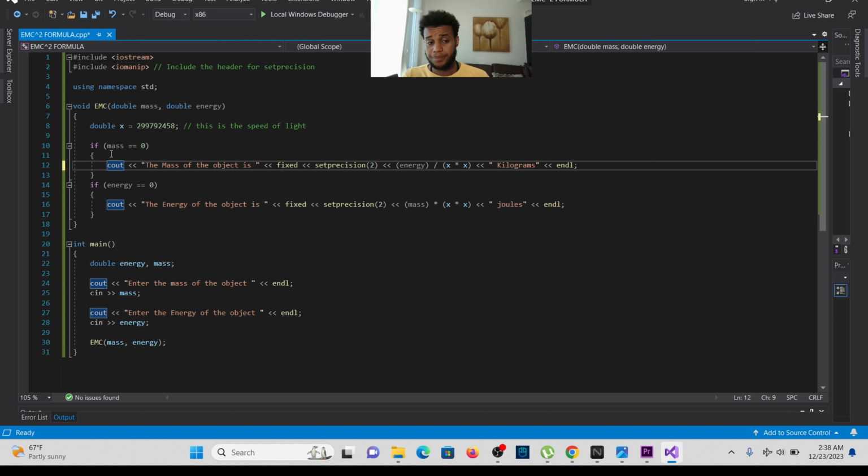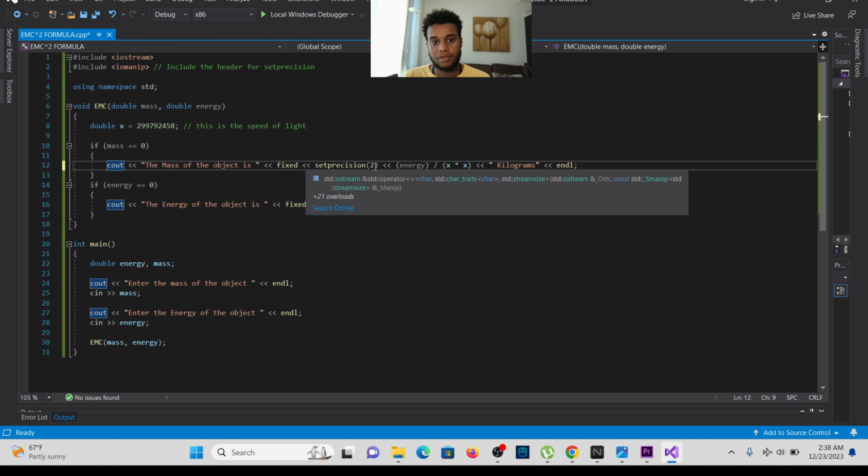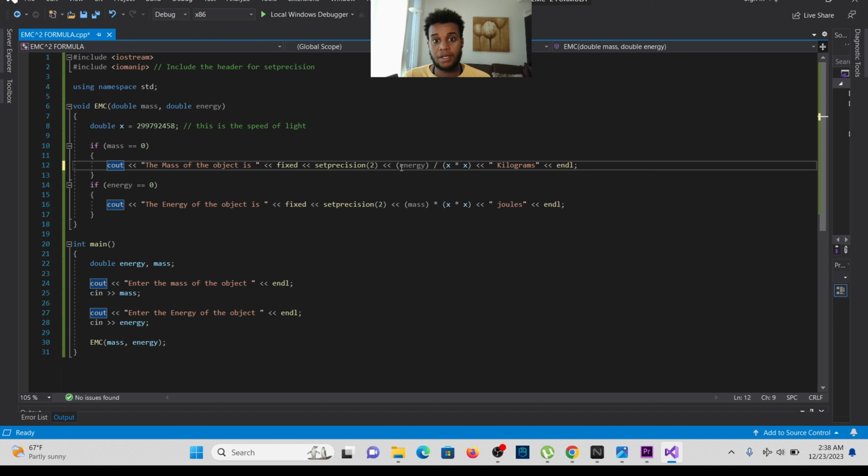So if mass equals 0, we're going to see the mass of the object fixed to two decimal places. Okay. Energy over speed of light squared. And the second one is if energy equals 0, so we're going to be finding the energy of the object.